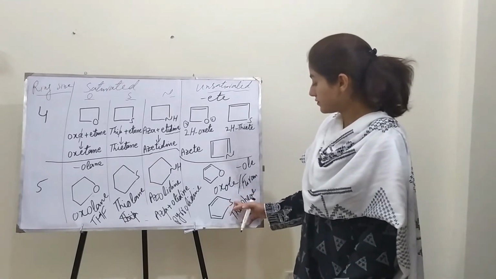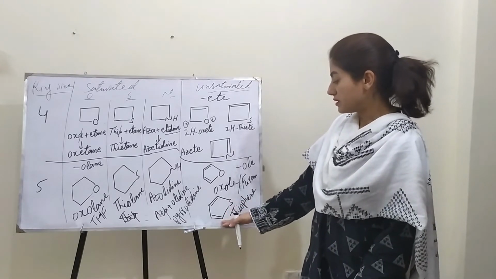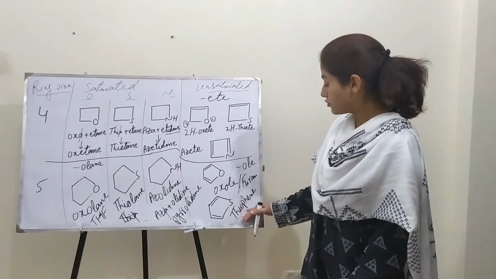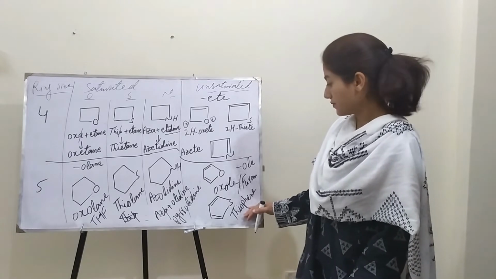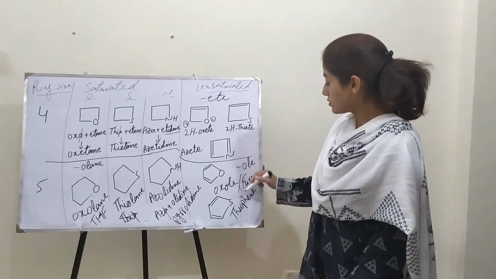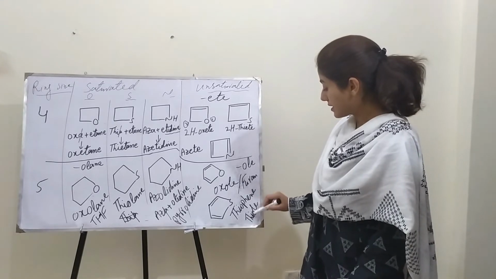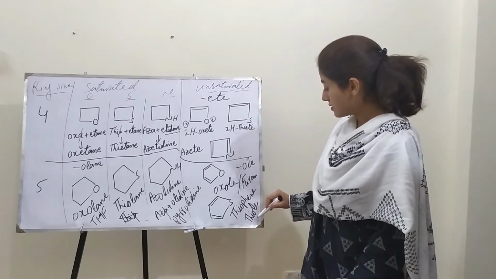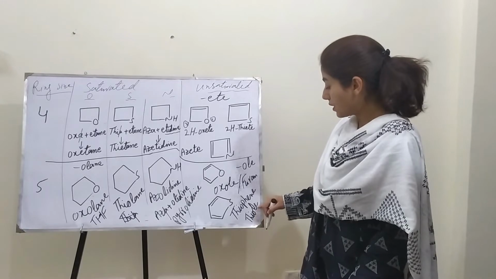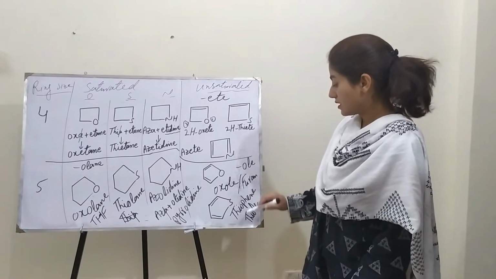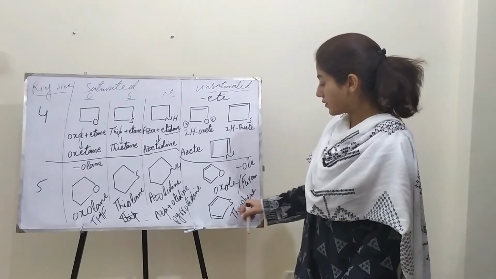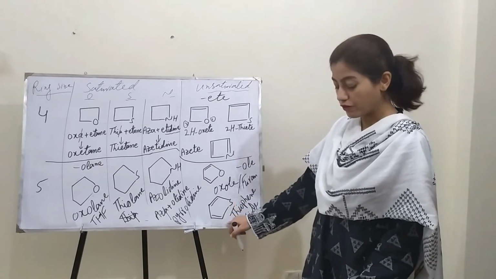So in the case of sulfur with 5-membered ring, the name would be thiophene, and it is also called thiole, that is thiole, representing sulfur in the form of 5-membered ring.